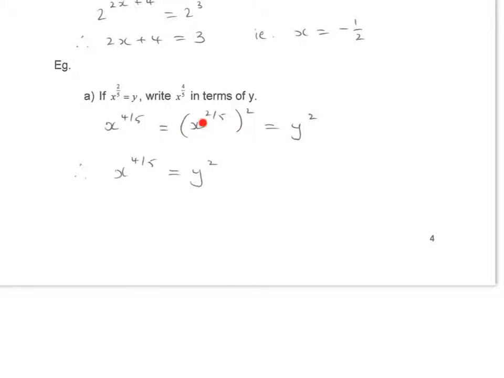And if I'm squaring the x to the power of 2/5, I'm going to square the y. Okay then, so we've got x to the power of 4/5 must equal y squared. So we've written the x to the 4/5 in terms of y.